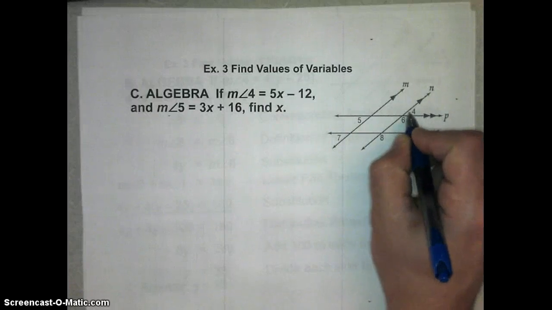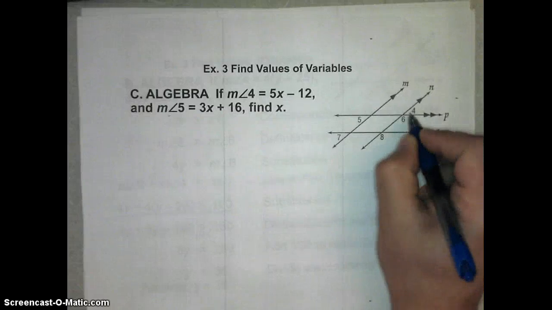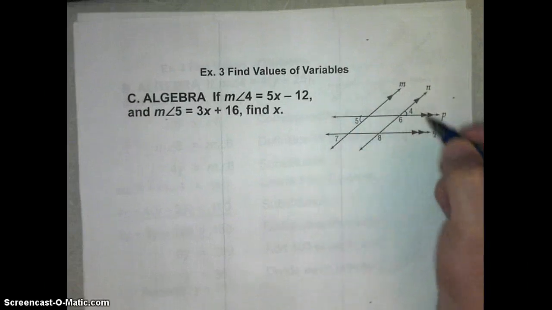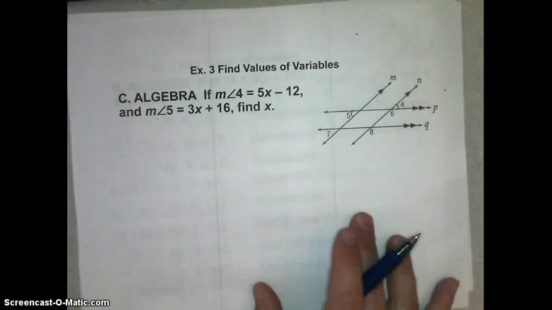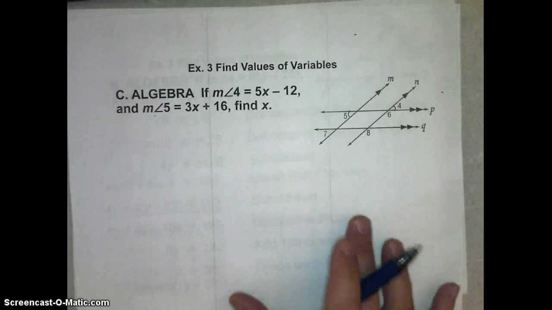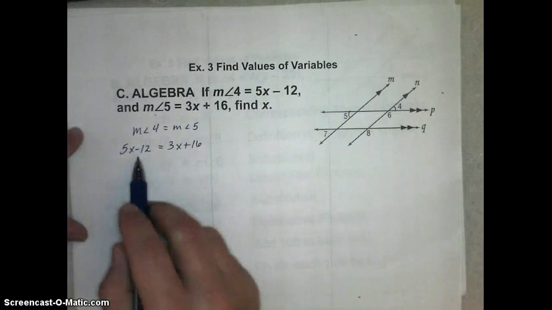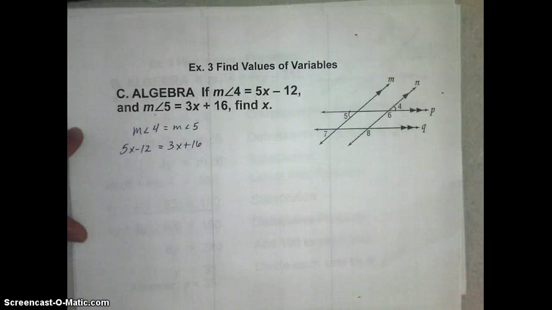So we know they'd have to be congruent since M and N are parallel. So you can go ahead and mark them congruent. That means these measures should be equal to one another. What I want you to do is to try and write an equation for this before I show you what it is. When you are ready, if you've paused the video, if you need more time, go ahead, but otherwise this is what we should get for our equation. 5x minus 12 equals 3x plus 16.